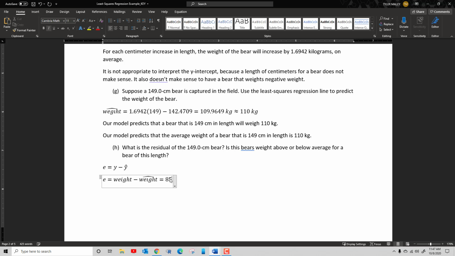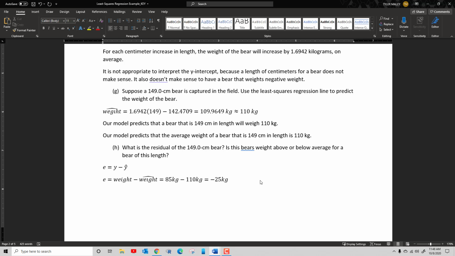So 85 kilograms minus, and then my y hat value would be what my model predicted, 110 kilograms. So 85 minus 110 is negative 25 kilograms. So that's the error.